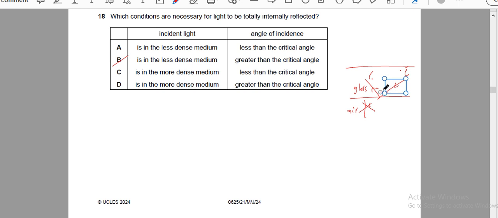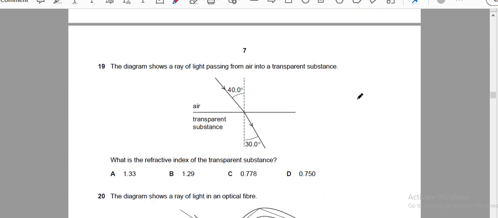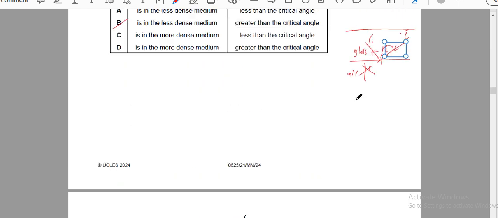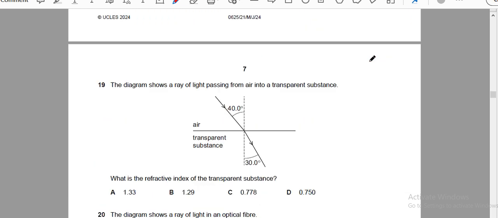We need the incident angle to be greater than C. If it's equal to C, I just remind you, the refracted ray will be parallel to the surface.